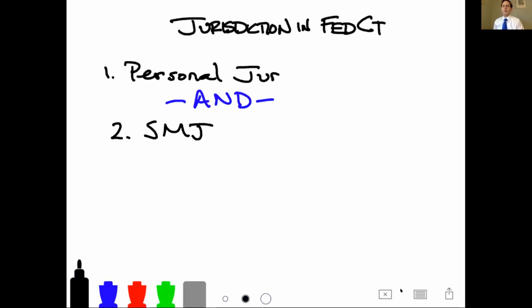So now we're back to where we were, with the clarification that we're talking about federal court. Within subject matter jurisdiction, the first thing that we're going to look at is federal question. Really what this means, as you know from the reading, is that if you're suing over a federal law, you can go to federal court, no matter what.